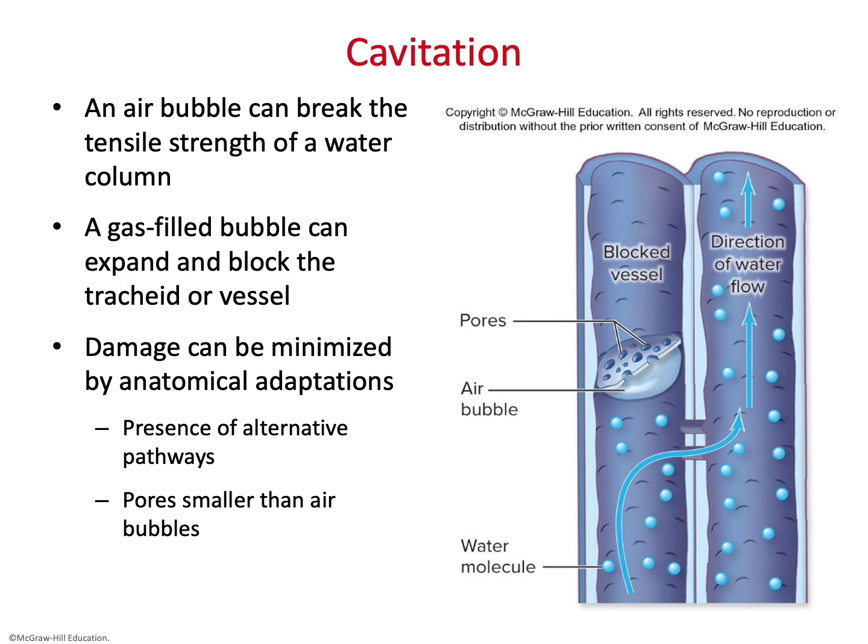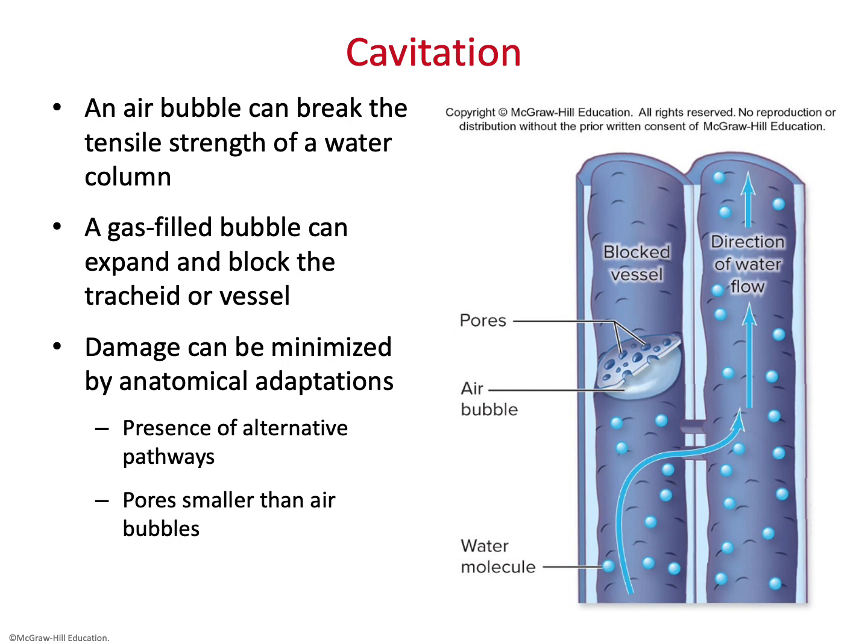This can break the column and the continuity of the water column, and cohesion will fail. This can expand and block the whole tracheid in a process called cavitation. Cavitation can stop water transport and lead to dehydration.